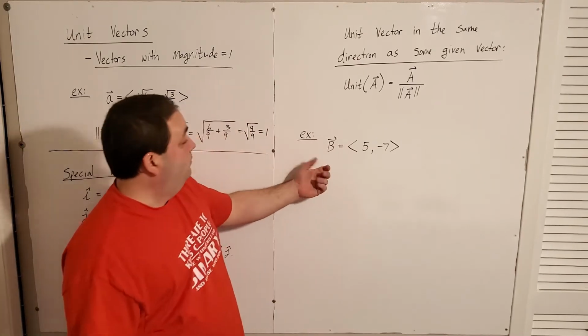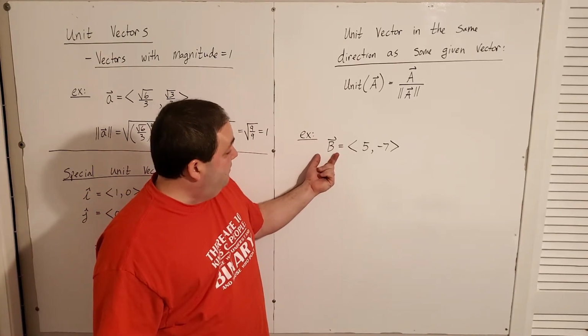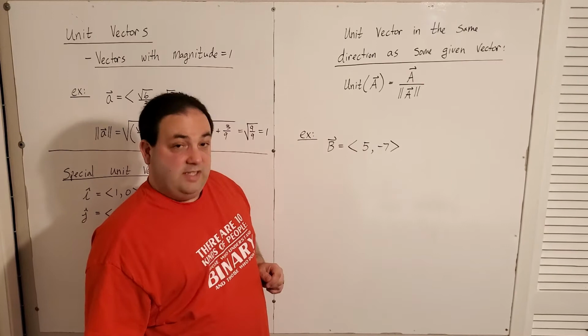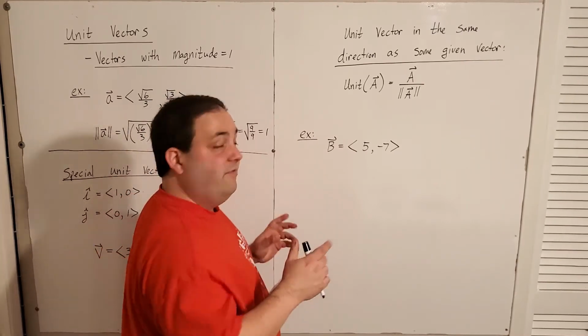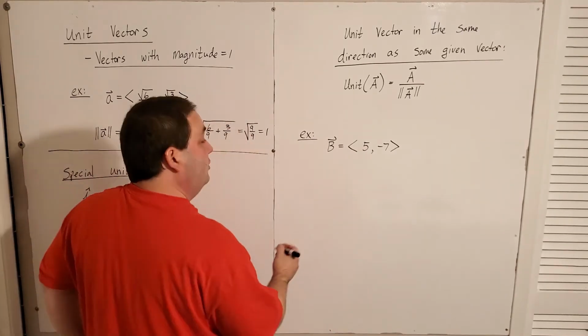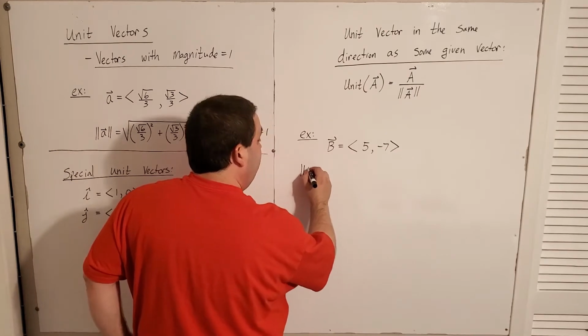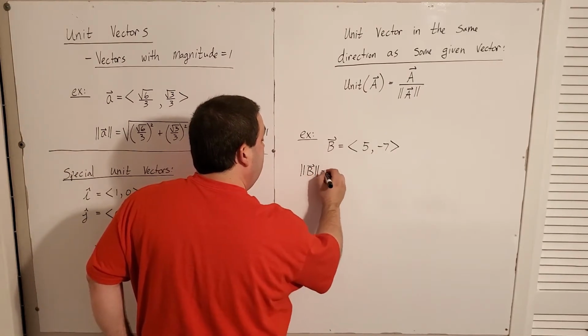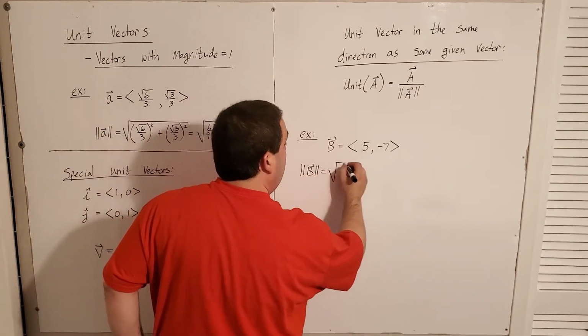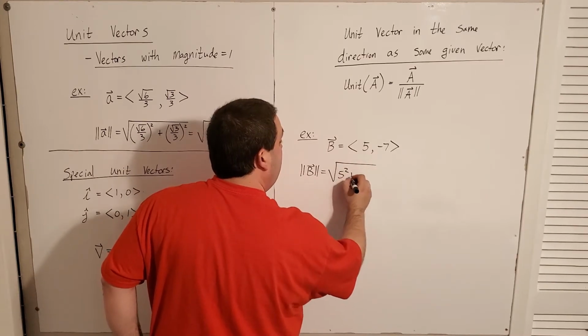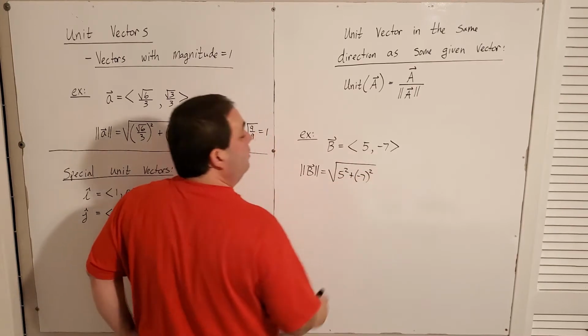Let's do an example. Let's say I have some big B vector, 5, -7. Okay? Well, first, I'll compute its magnitude. So the magnitude of B is equal to the square root of 5 squared plus -7 squared.